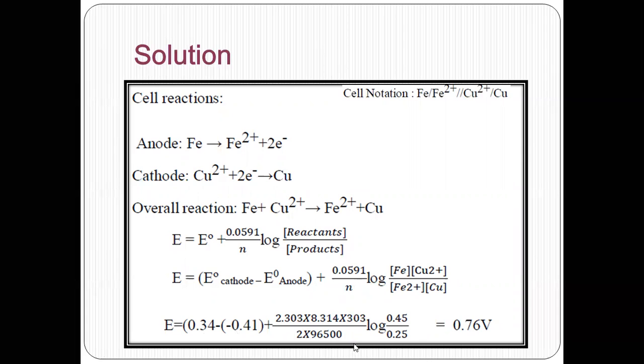Since the temperature is 30 degrees Celsius, we cannot take it as 298; 273 plus 30 gives 303. The remaining R value is 8.314 divided by 2 into 96,500, log term. This is the concentration of the cathode by anode. The cathode concentration, you can see in the problem, is 0.45, and the anode concentration is 0.25. By completing all this, you get the answer 0.764. This is how you have to solve the problems for the Nernst equation.